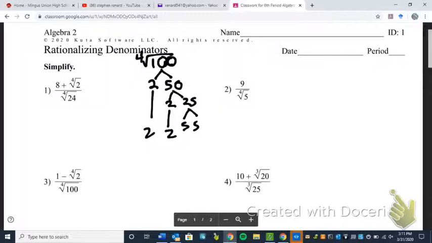So basically, we are halfway there. Okay? So what we need to do is add in another 100. So we're going to multiply it by the 4th root of 100 and the 4th root of 100.